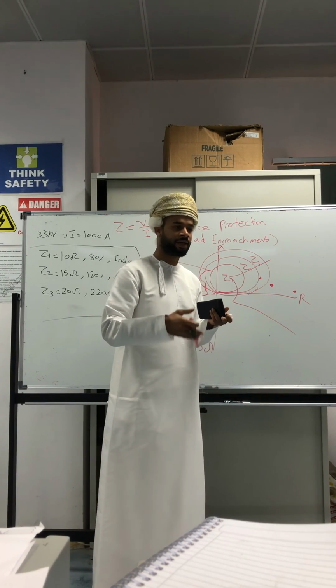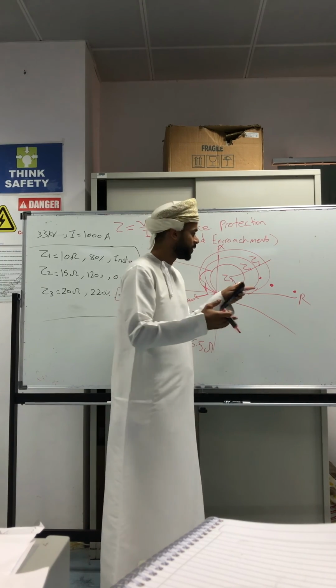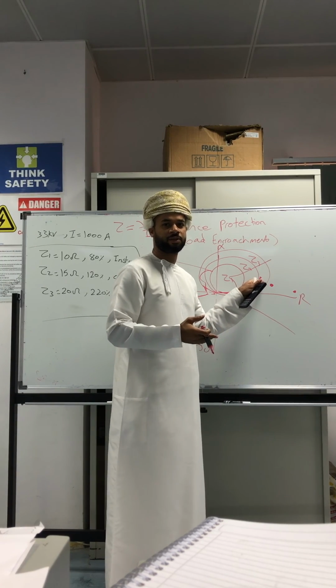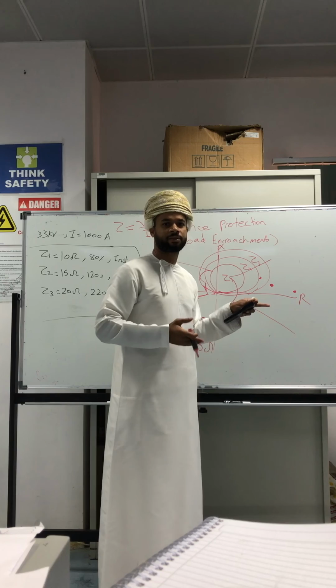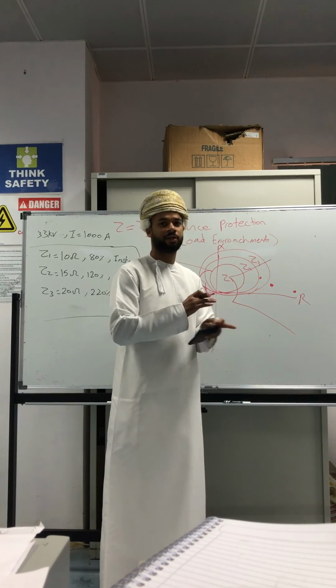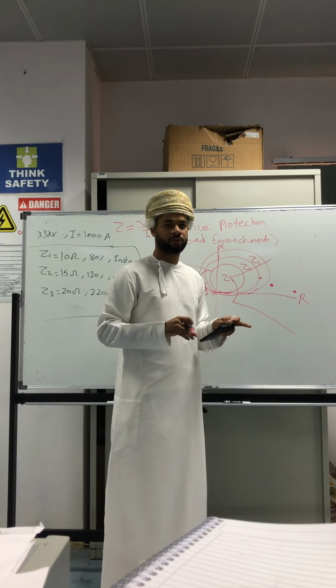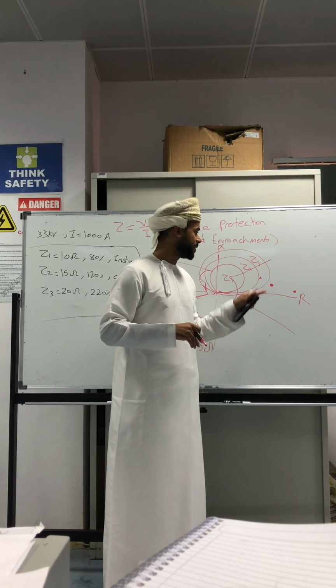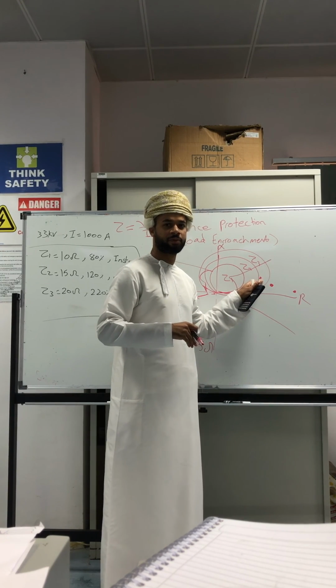So I make the distance relay not see this value, like I blind the distance relay. So the distance relay will not trip. By using the load blinder element, the distance relay can block load encroachment.